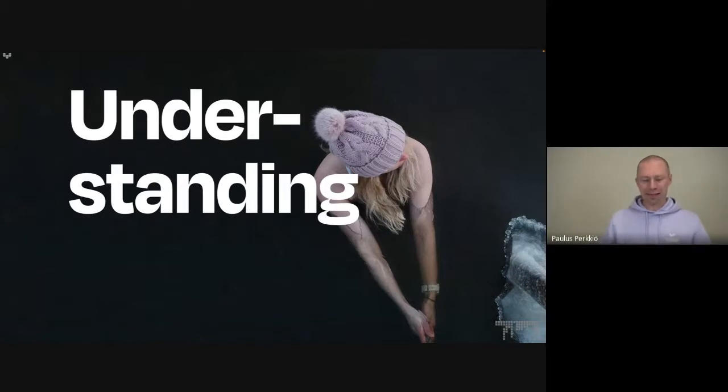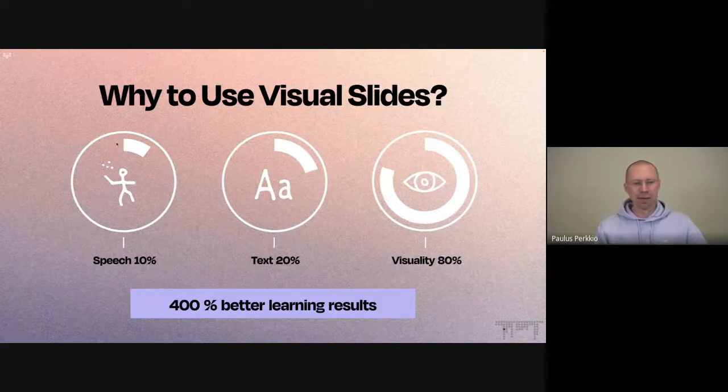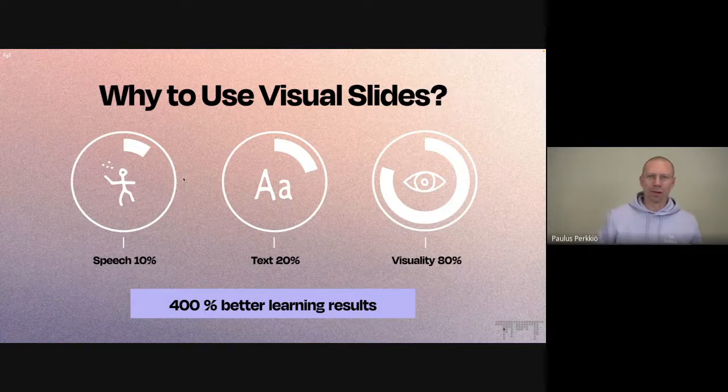And this kind of understanding, I have read many researches, and some researches say that if you are only speaking, the receiver, for example the buyer, will understand only 10% of what you have tried to tell.